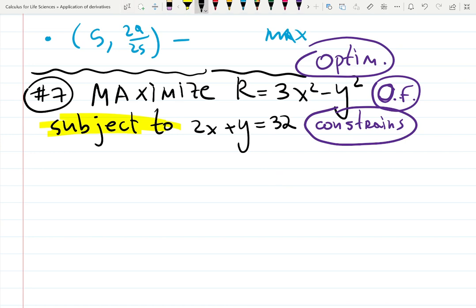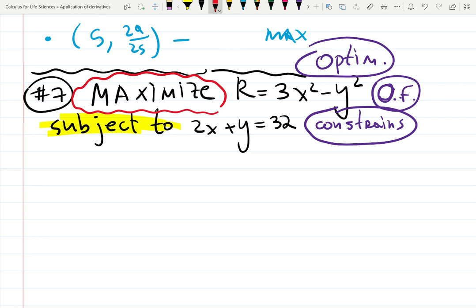We know that they want us to maximize r. Maximizing means finding derivatives that equal 0, sign line. But it has 2 variables, x and y. In Calculus 3, we teach you how to deal with multivariable derivatives. But before that, there is a way to avoid doing that.